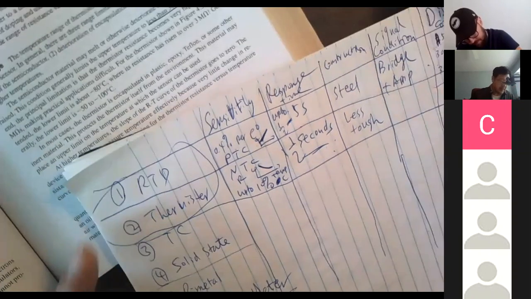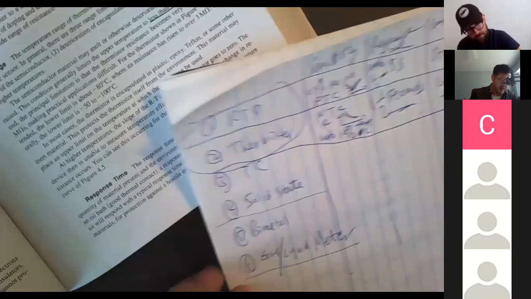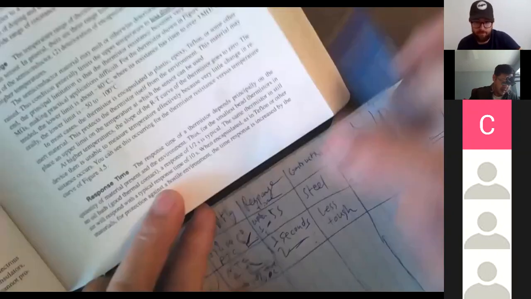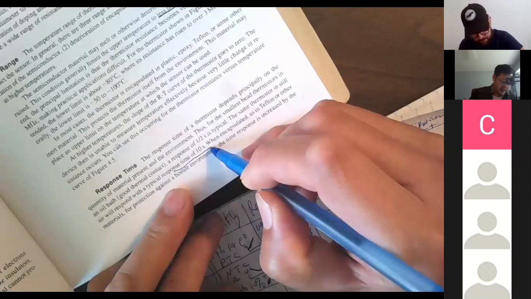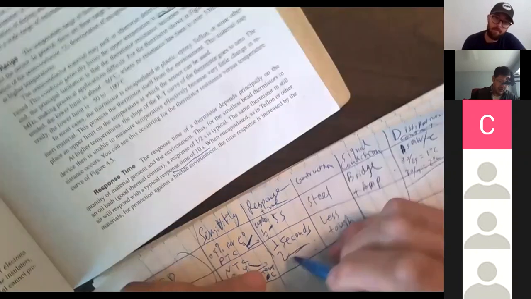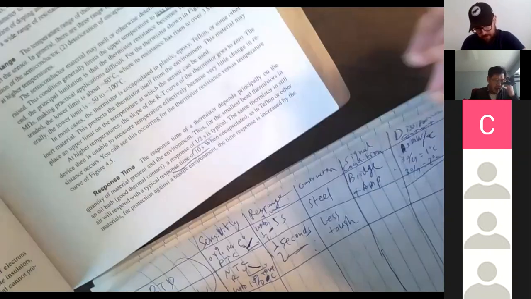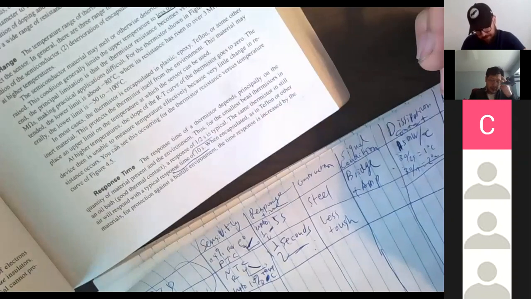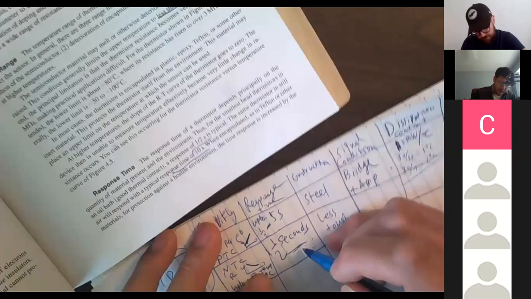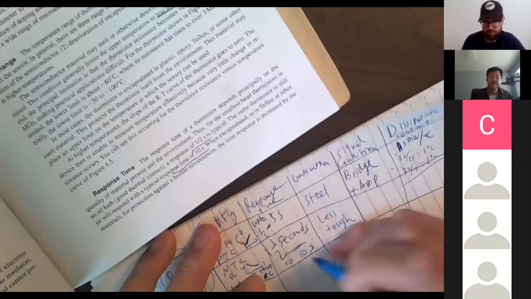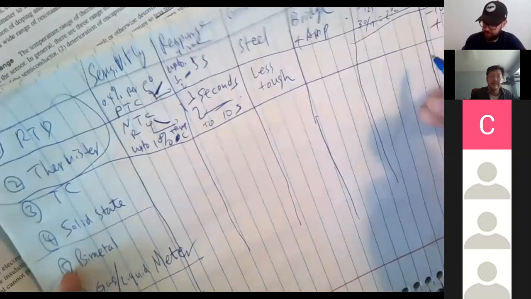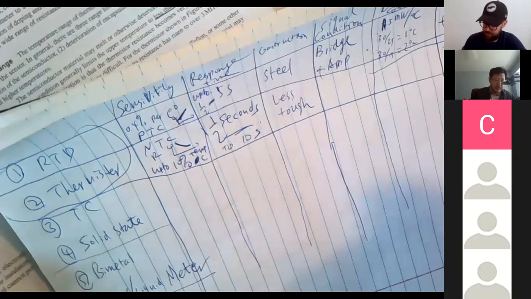So I don't think there's a big difference in the response time. Typical 10 seconds. So it's the same, half to 10 seconds. Okay, so response time will be half to 10 seconds.